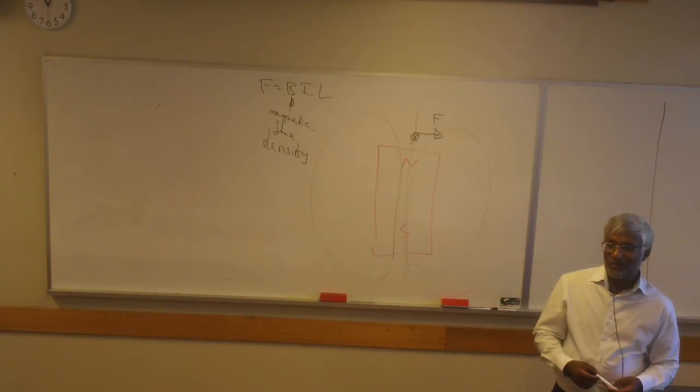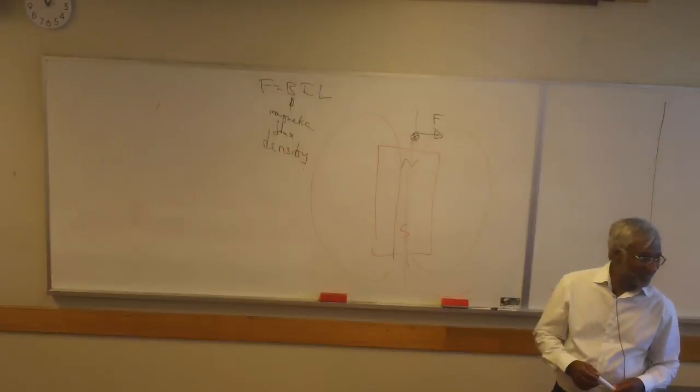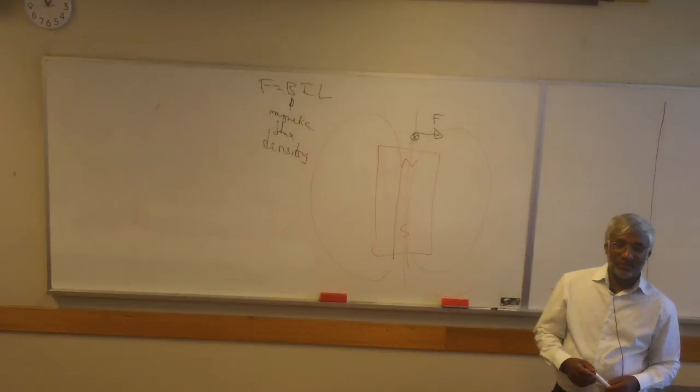Now, how do you go from flux density to quantity of flux? Multiply by the area. Because flux density is amount of flux going through a unit area.